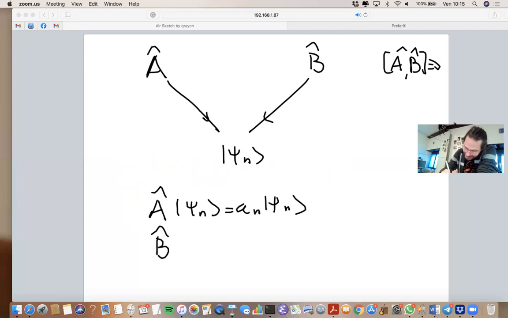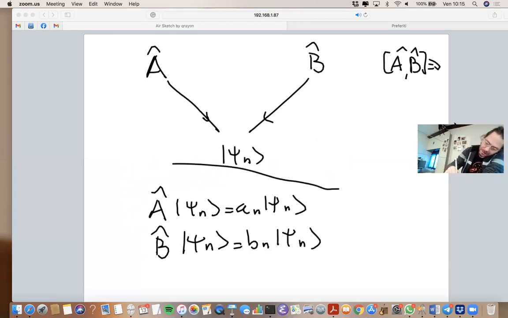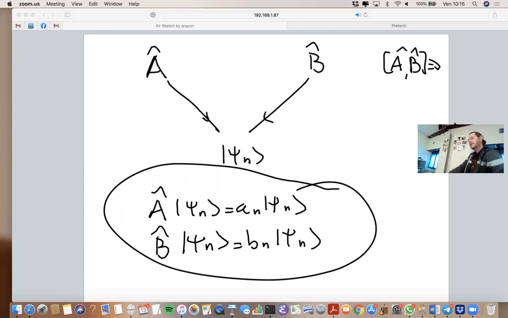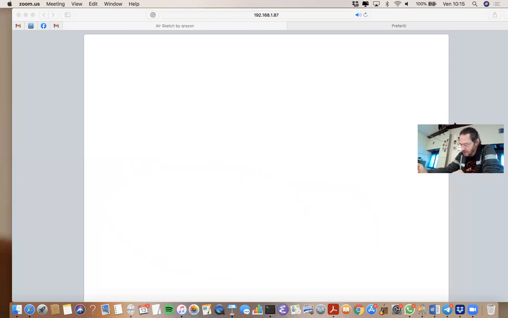And when I do B on the same state psi n, I get B_n psi n. So whenever I have commuting operators, I get the same set of states.